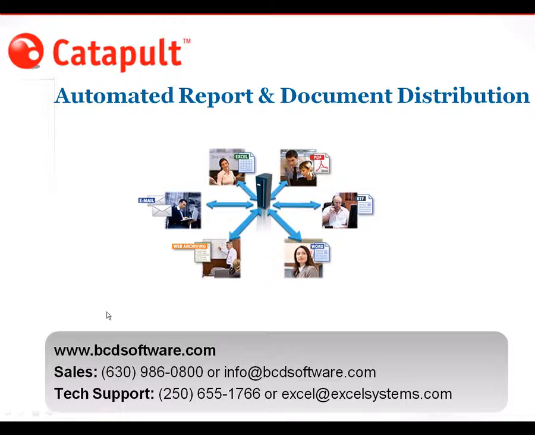Here's a question from Bruce. And Mark, maybe you can answer this one just to also explain the difference between version 6 and version 7. The question is, does the Polar run as a service? Yeah, the Polar does run as a service, and that's a big difference between the previous version of Catapult and the current version, version 7. We've changed the Polar to always run as a service in version 7. Prior to that, we used to have the option of running the Polar as either a service or an application.